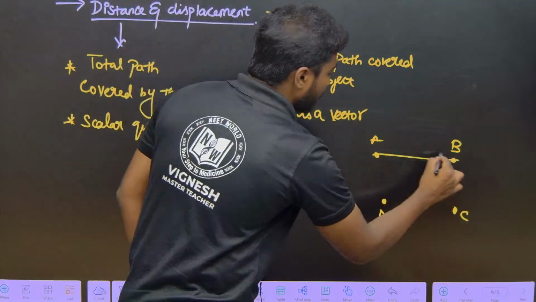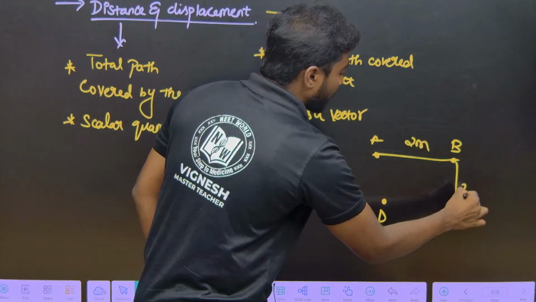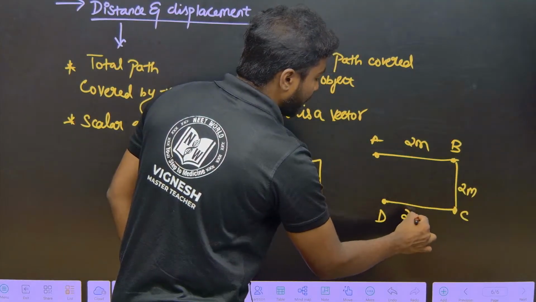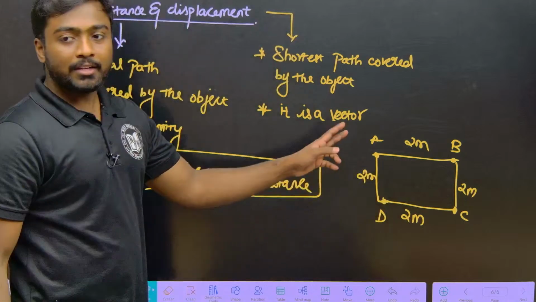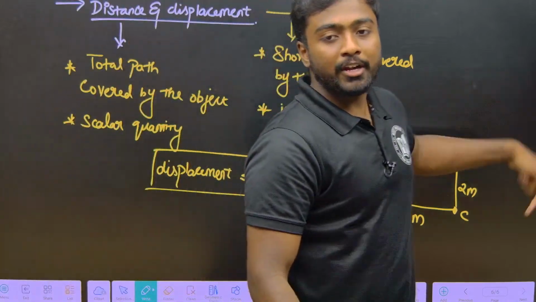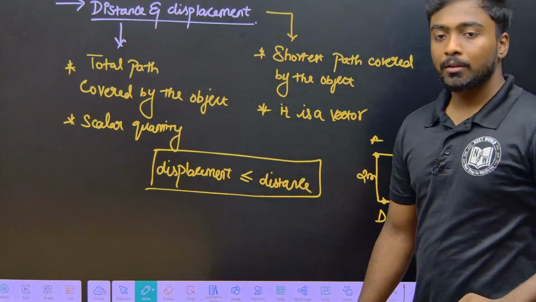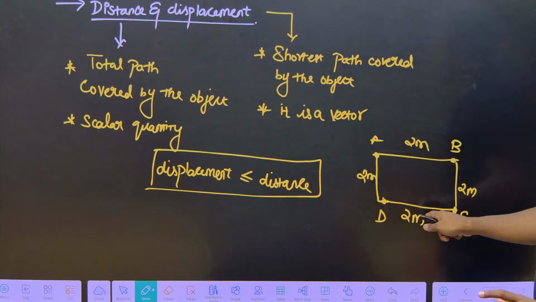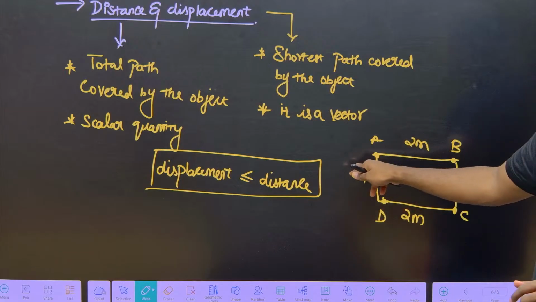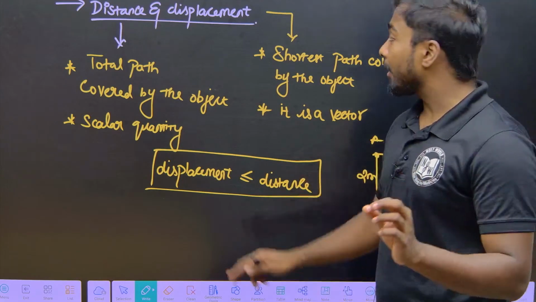So this is 2 meter, 2 meter, 2 meter and 2 meter. What is the distance covered by the object from point A to point D? It is 6. From point A to A again, it is 8 meter for the distance.